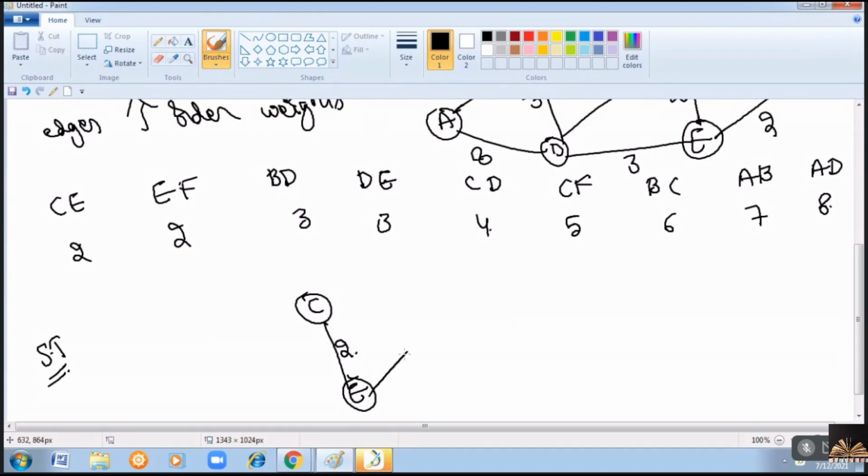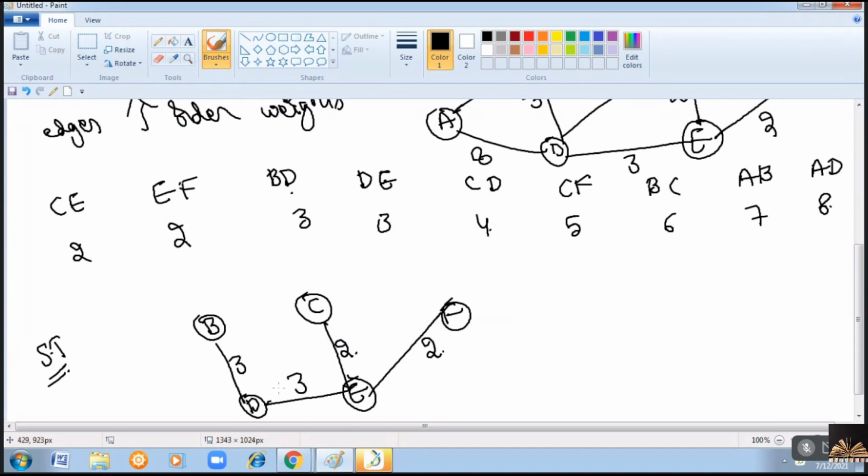After that E to F. Next B to D. Next D to E. While adding, do remember that there should not be any cycles. Next is C to D. Now, if I add this C to D, we have a cycle.